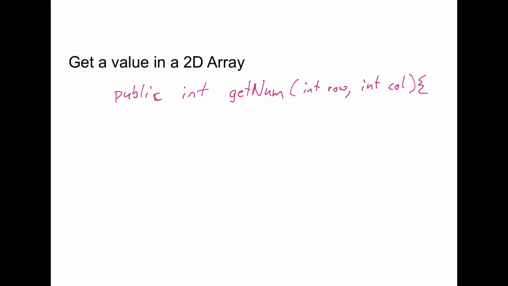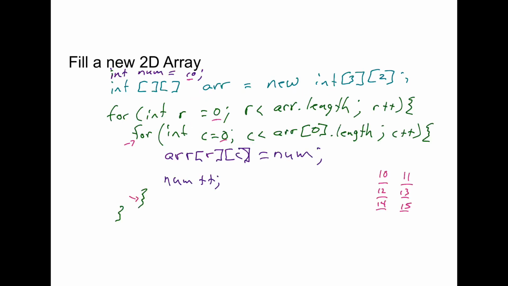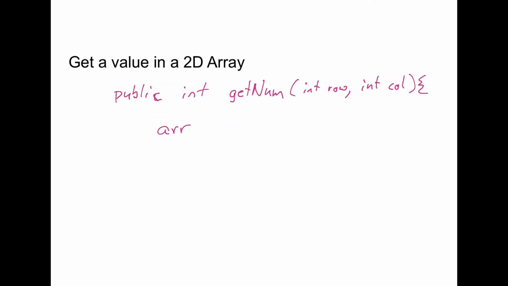So then what it's going to say is we want to take our array that we just made. I'll use this array right here that we just created. So public int getNum, int row, comma int column. So array at the row that they give us and column they give us.